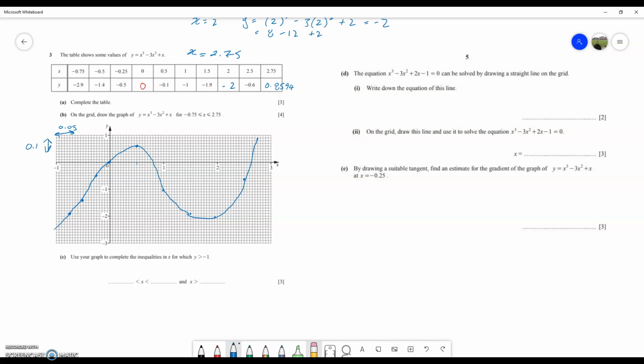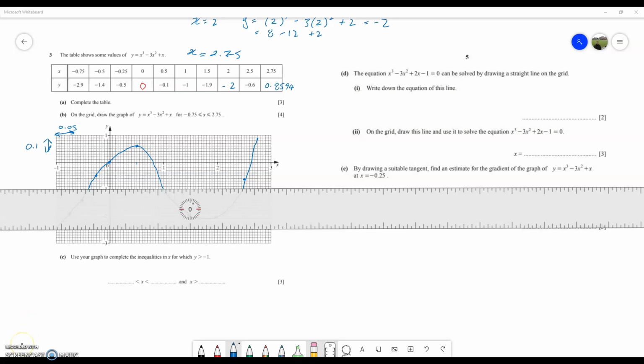So the next one is use your graph to complete the inequality for which x values y is greater than -1. So we can quickly rule our line.